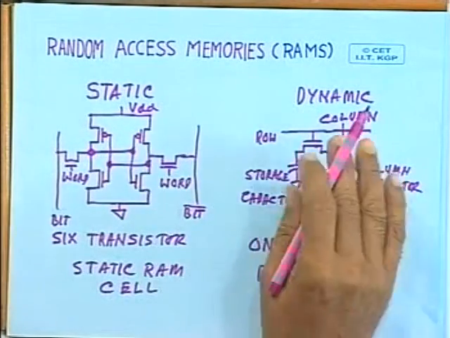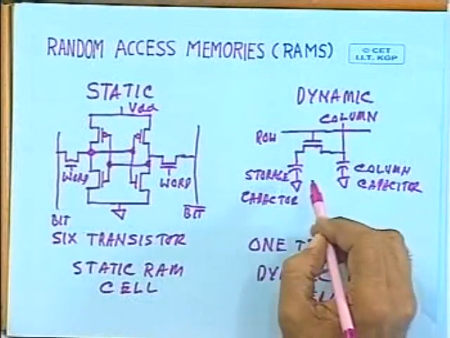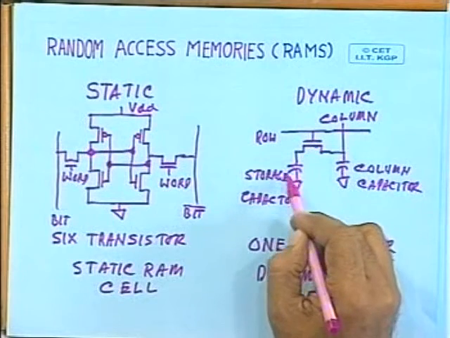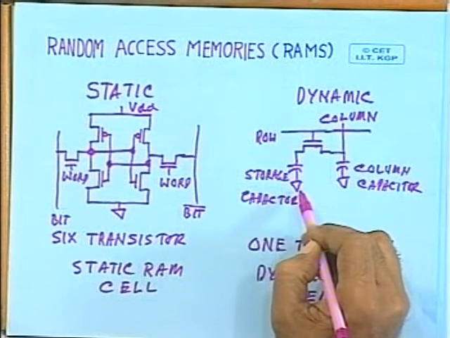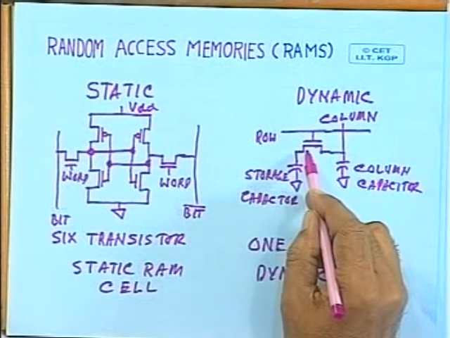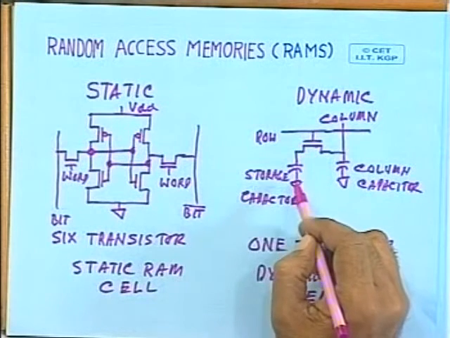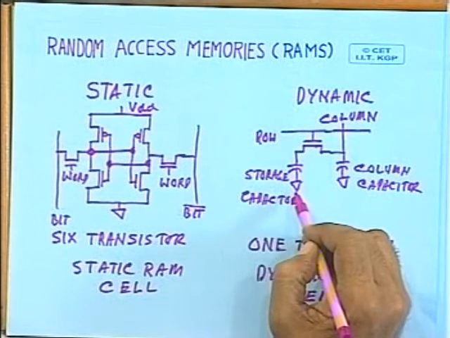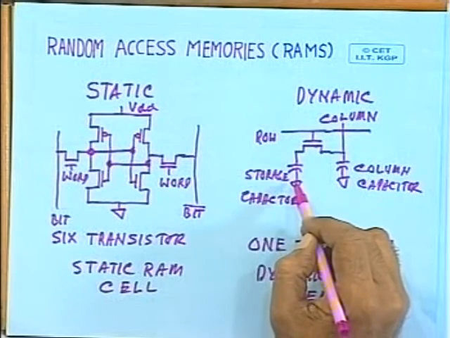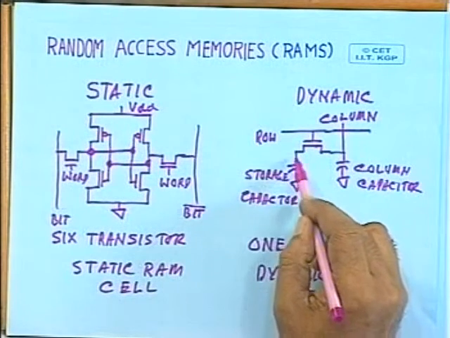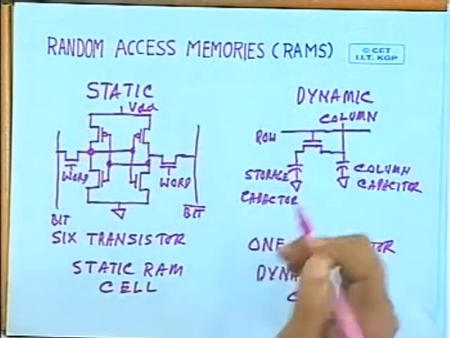That means the dynamic RAMs are denser, but dynamic RAMs have the problem that you are storing information in capacitors, which is essentially the drain to substrate capacitor. And this capacitor is leaky. That means the information which is stored leaks away. Any capacitor leaks away. This capacitor also leaks away.